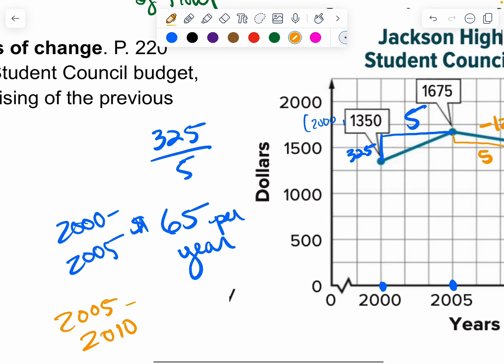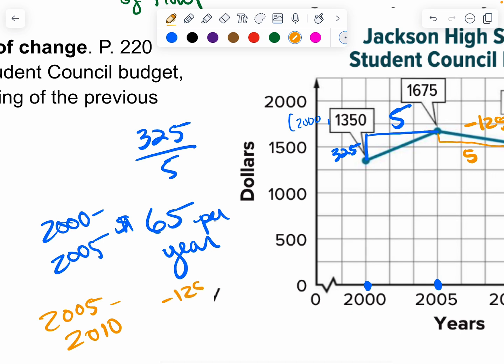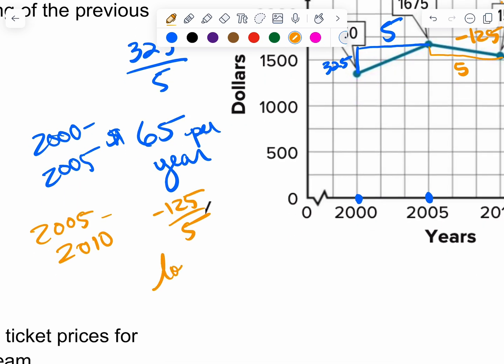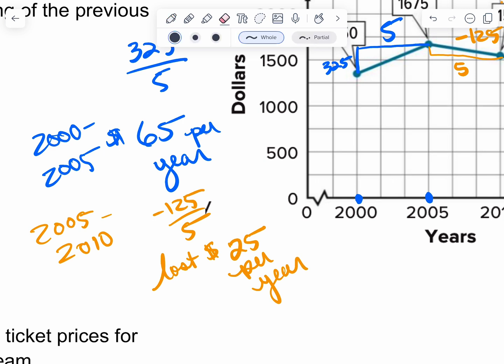So negative 125 over 5 means that they've lost $25 per year. And I shouldn't have said lost. I really shouldn't have used the word loss. $25 per year less. Maybe that.